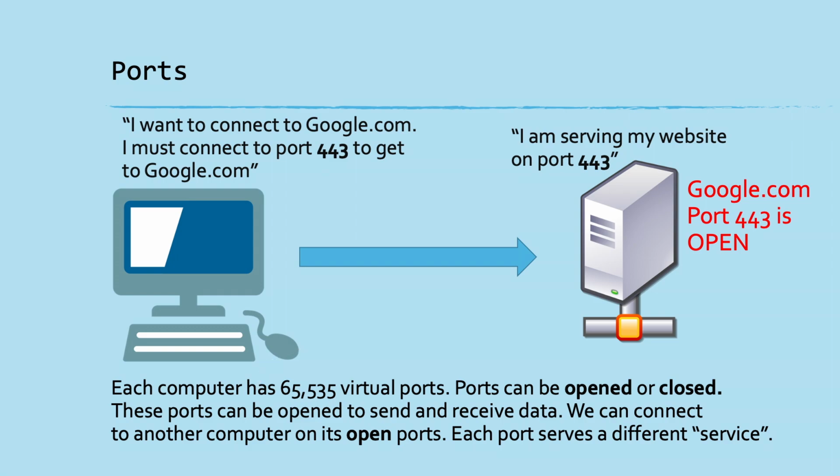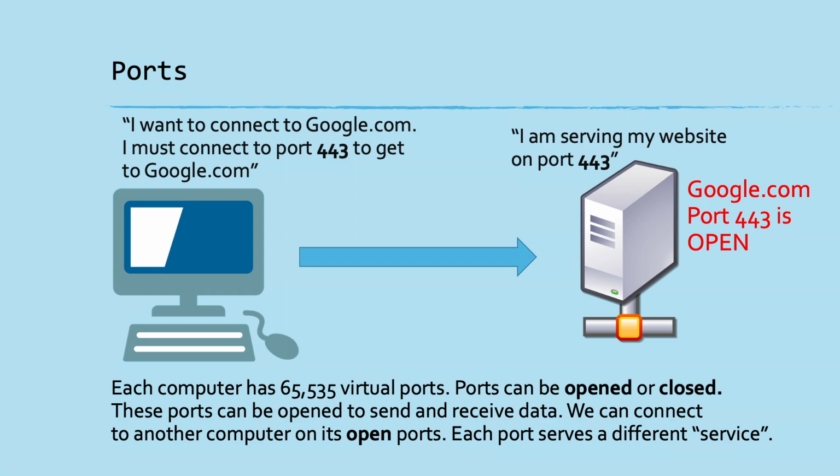So we can connect to a service on their open ports. When you connect to google.com, we connect to port 443, which is the secure version of the website. Port 80 and port 443 are almost always used to access websites. So when we type in google.com, your browser is actually connecting to google.com on port 443. You just don't see that in the background.